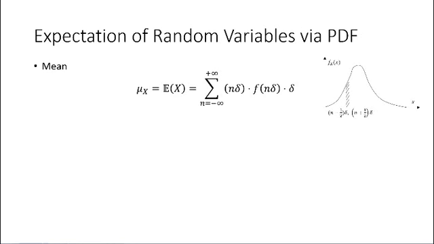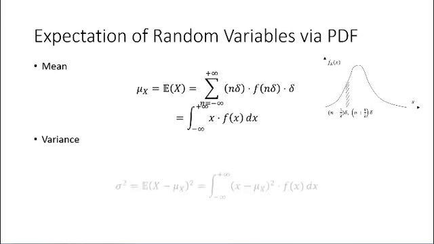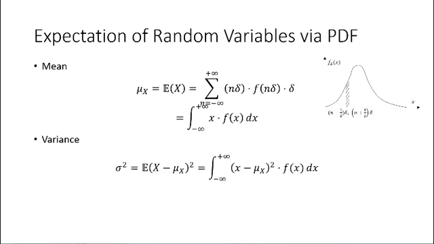This summation is then, by definition, equal to the integral of x f_X(x) over the whole interval. Similarly, the variance of a random variable can be obtained by taking the integral of (x minus mu) squared times f_X(x) over the whole interval.